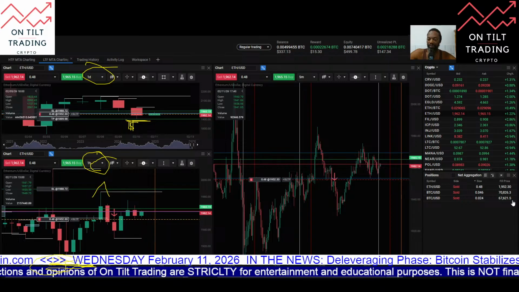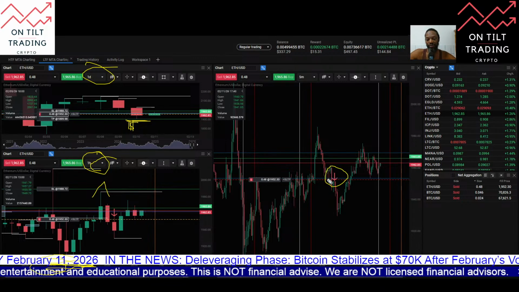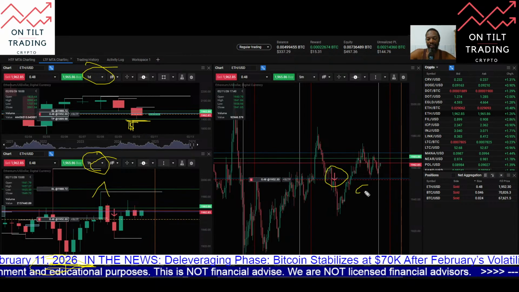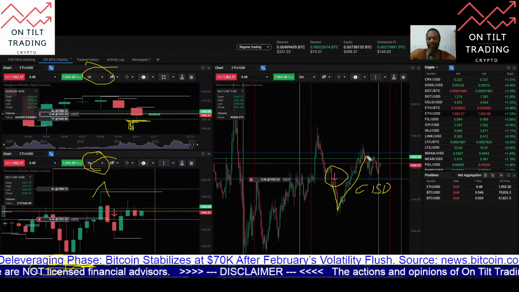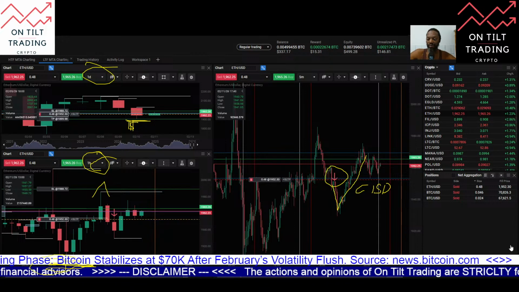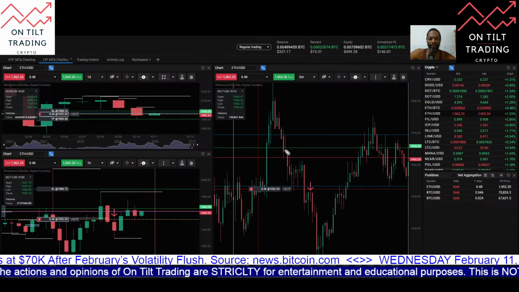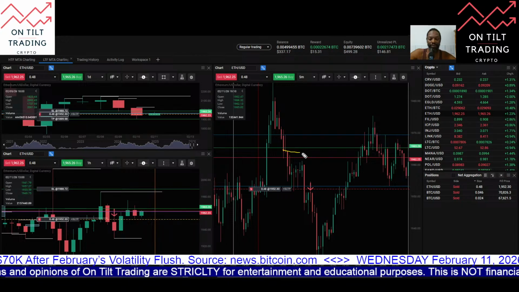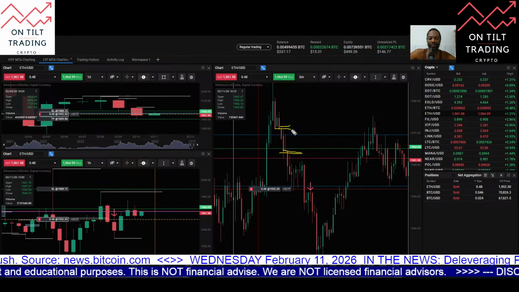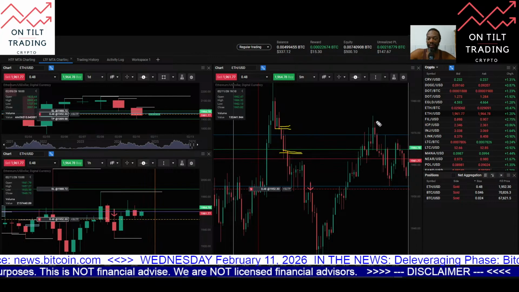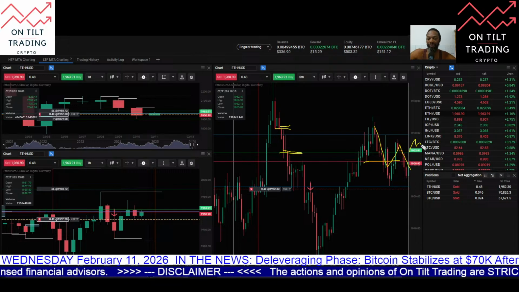And then you can see my entry here on the 5-minute chart. I took an entry here at the change in the state of delivery level, and then price delivered to the sell side, has now pulled back into this bearish fair value gap here, tested this gap, traded into this area as well, but has held and started to redeliver to the sell side, putting in a 5-minute market structure shift here.